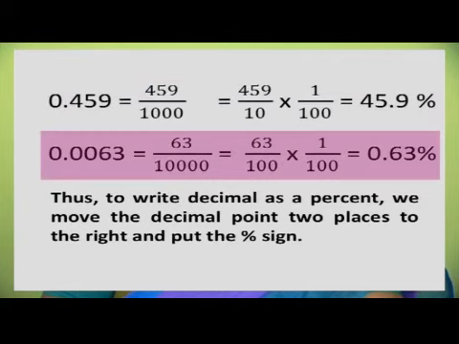Similarly, 0.0063 may be written as 63/10,000, which may be split up as 63/100 × 1/100, which is equal to 0.63%.